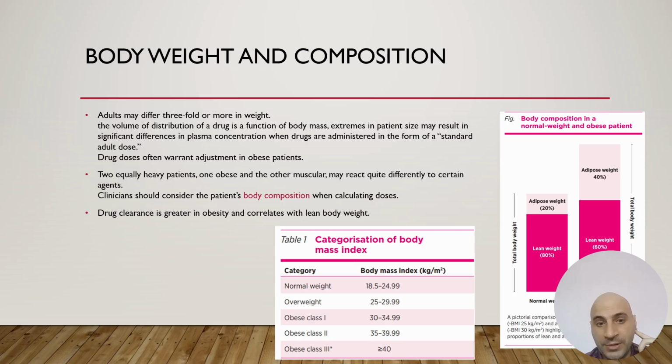These two patients differ significantly in their overall weight and in the composition of that weight, the ratio of adipose tissue to muscles, lean body weight. Two patients with the same weight can be different in that composition also. So a gym rat is different from a couch potato.